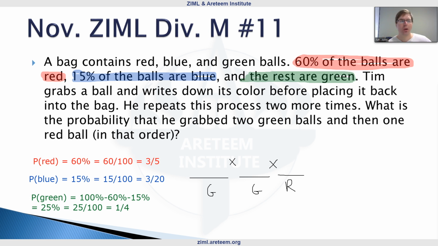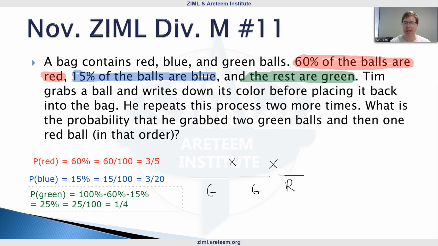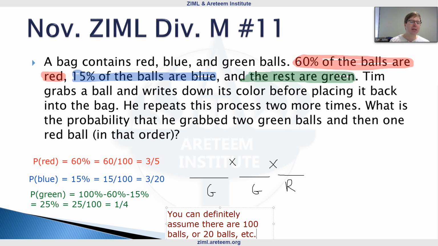Okay, now let me take a time here for some comments. How did we do percentages like this a lot of the time in the word problems? If you watched my video on word problems, a lot of times we just assumed, so that would definitely work in this case as well. If these percentages are a little bit confusing, it's perfectly fine, you can definitely assume there are 100 balls, or 20 balls, etc. You need to be a little careful to make sure you don't have fractions.